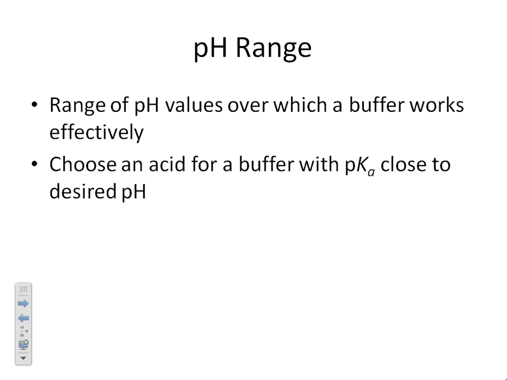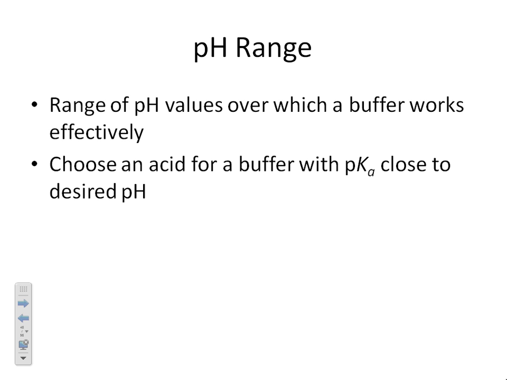For blood, for example, blood wants to maintain pH between about 7.2 and 7.6. Our body isn't interested in maintaining its blood between a pH of 4 and 5, so we're looking at a different pH range. So the acids that our body has chosen to use through evolution have been those with Ka values that will give pKa's that are slightly above 7.